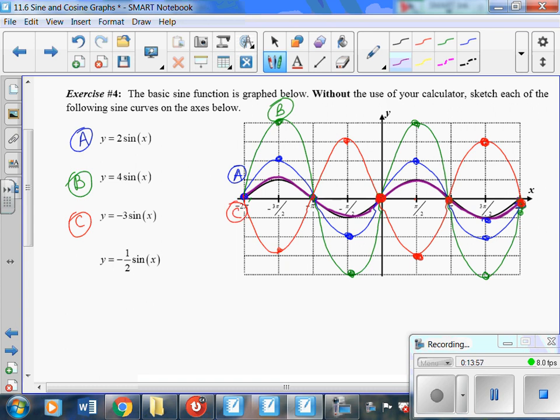And now we're going to have the same thing with D, but it's only going to be a half. All right, so let's pick yellow. Negative 1/2 means we're going to follow the same curve as the C. So it starts at 0, but it only goes to negative a half. All right, so 0, positive a half, 0, negative a half, 0, positive a half, 0.